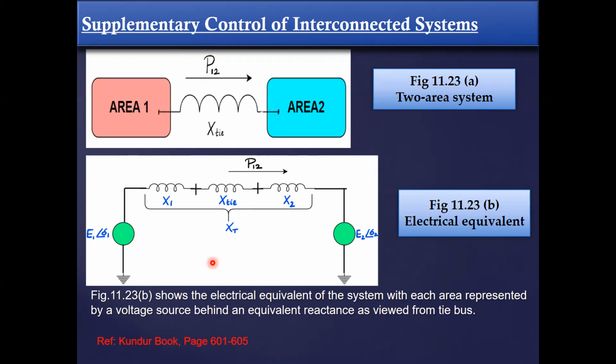Yeah, I'm just trying to discuss how we start with the equivalent circuit representation for the interconnected system, and then what the power flow equation is. So we start from here.